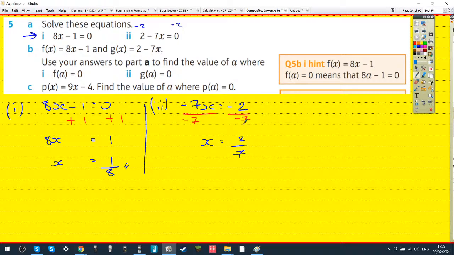Great. Okay. Use your answers from part A to do this one. The f of A is equal to 0. So x turns to A. Is that what you said?